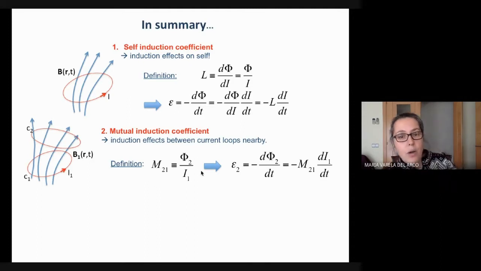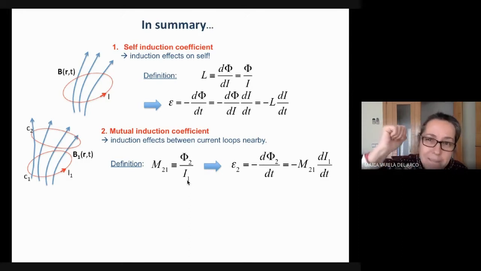So this is a coefficient that describes induction effects between neighboring circuits, and it depends just on the geometry and the way the system is built up, just like the self-induction coefficient. And we define M21, for example, the induction effects on circuit 2 caused by the variable field produced by circuit 1, as the flux across 2 over the intensity in 1, which is the one causing the field across 2.